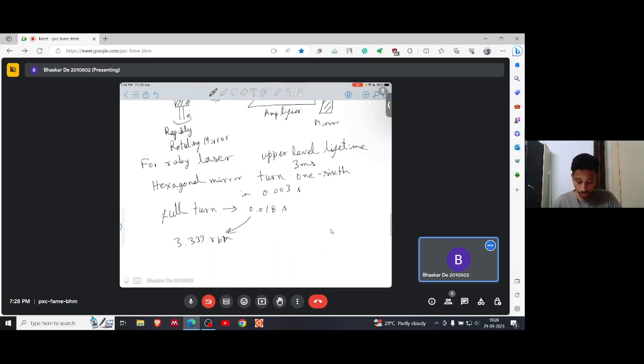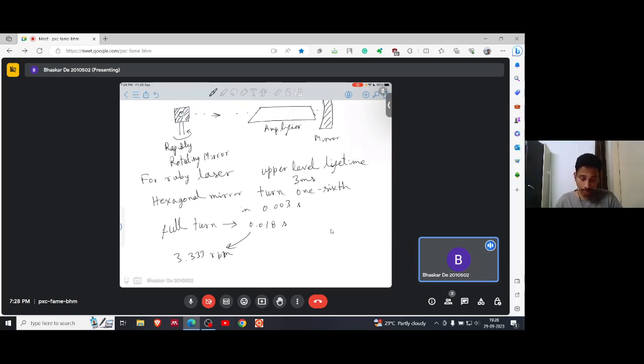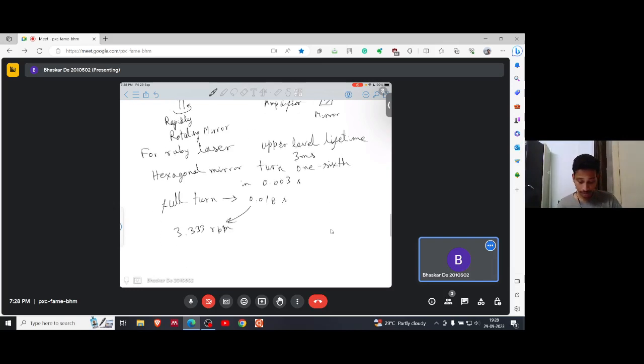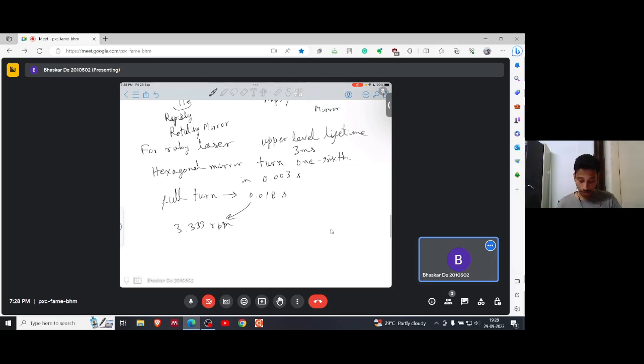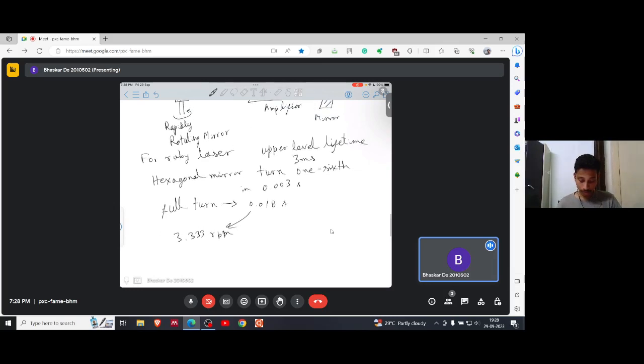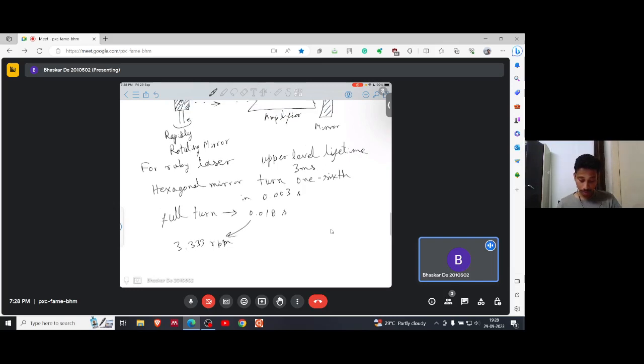Now basically what happens is that the mirror will face the amplifier at some point, and then it will rotate for some amount of time, and then again it will make its reflecting face towards the amplifier. So basically at that point of time it will act as a real mirror. So this is the time limit of the rotation for the mirror.